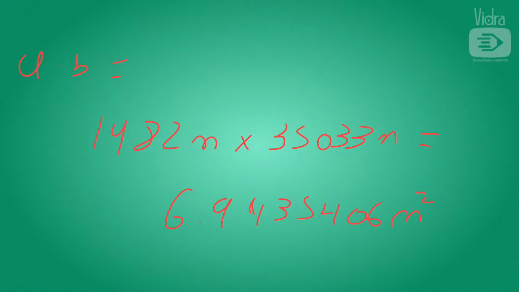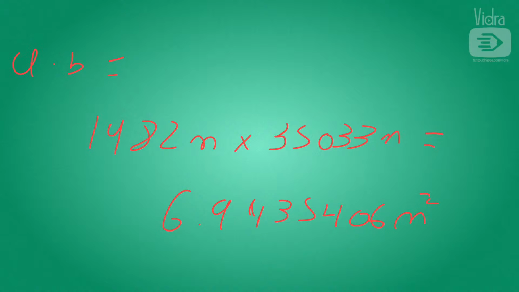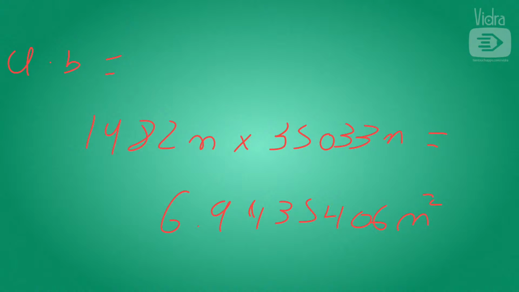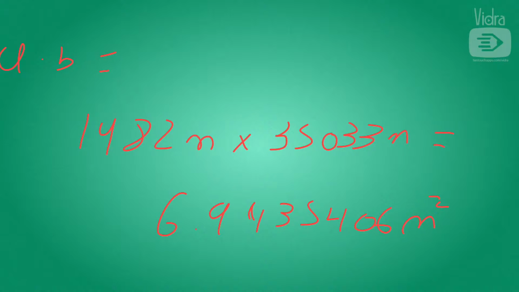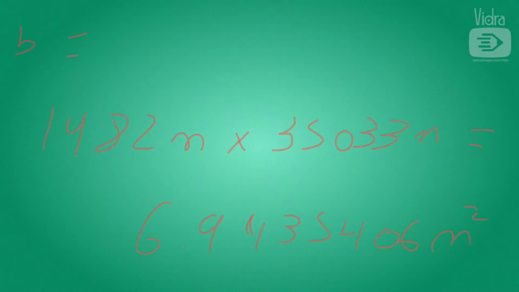What do we do with it? We look at the decimals, the least amount of decimals of the two values. The least amount of decimals is 4, in the A value, so we make our answer with just 4 decimal places.